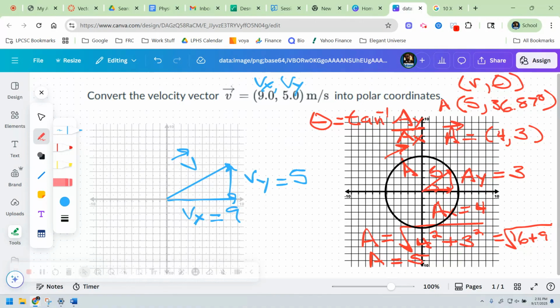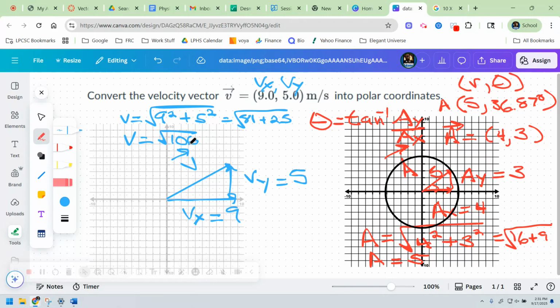So now to find that, it's just the Pythagorean theorem. So v has a magnitude of the square root of 9 squared plus 5 squared. That's going to be 81 plus 25, right? 81 plus 25, what's that, 106? Is that right? Yes. The square root of 106. And I'm just going to leave it like that.